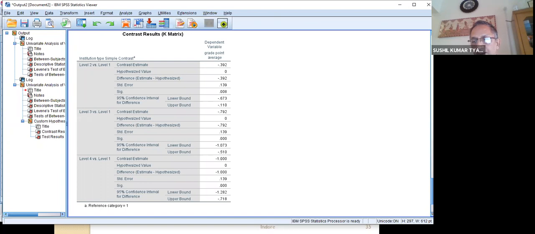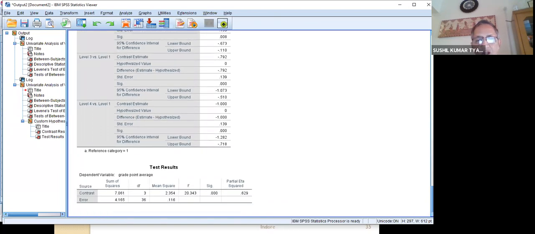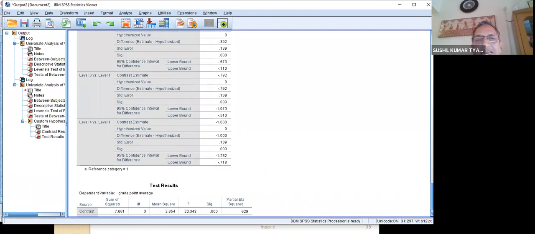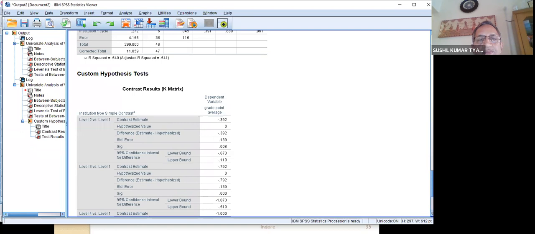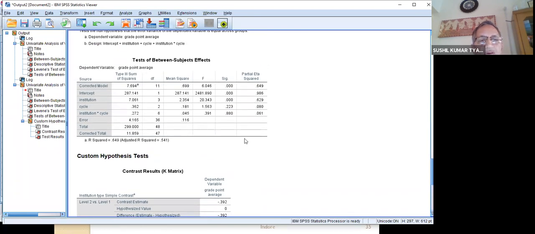So let me go back and see how this is written. See, one thing you can note. This is the overall result of the contrast test, and here this is the value of the contrast. F value is 20.343, and partial eta squared is 0.629. These values tally with the values of this main table.